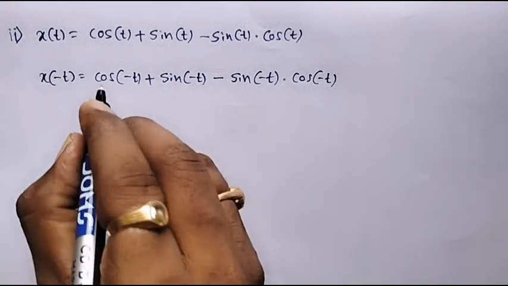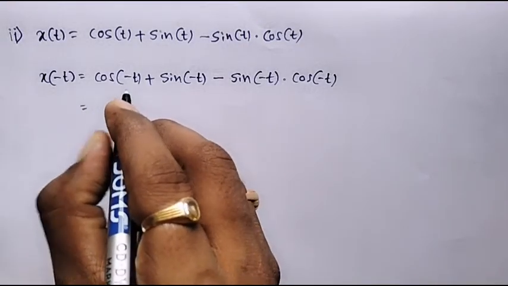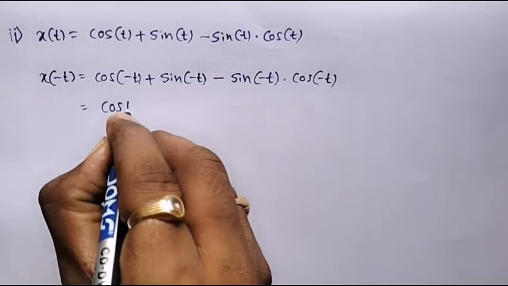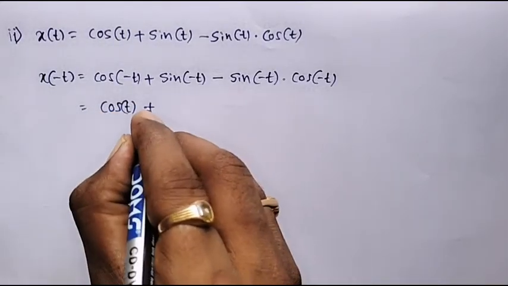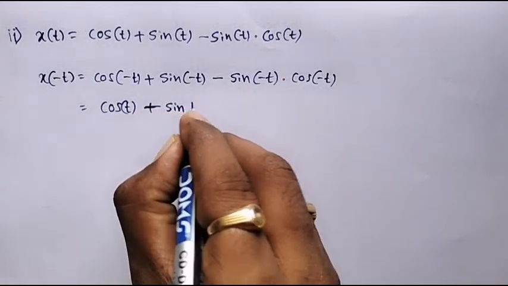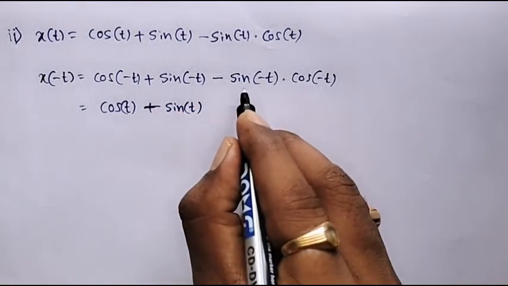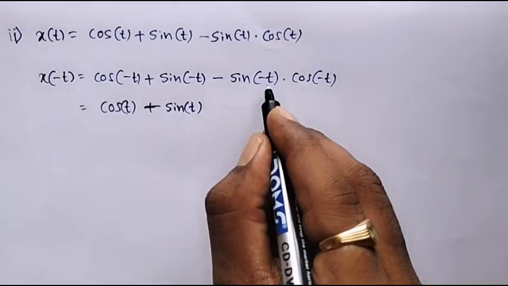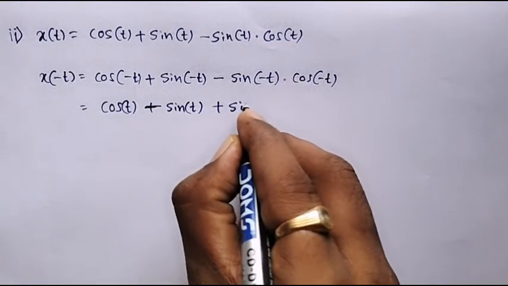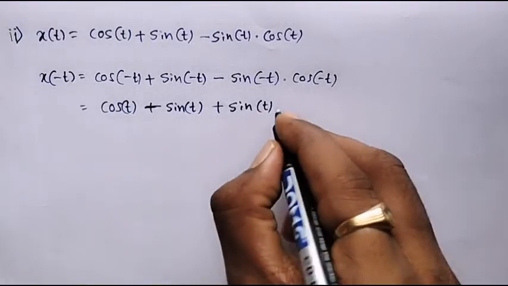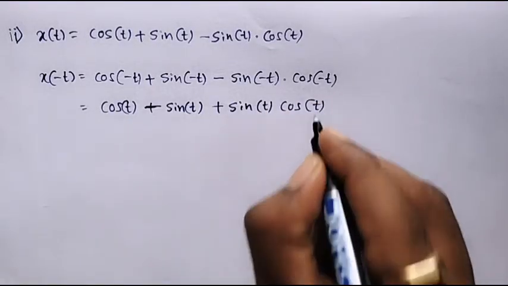We know that cos of minus theta is nothing but cos theta, therefore it is cos t plus sin of minus t is minus sin t, and here we have sin of minus t is minus sin t, so minus minus will become plus, that is sin t, and cos of minus t is cos t.